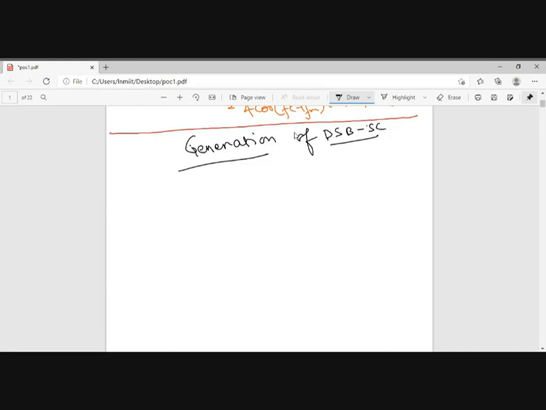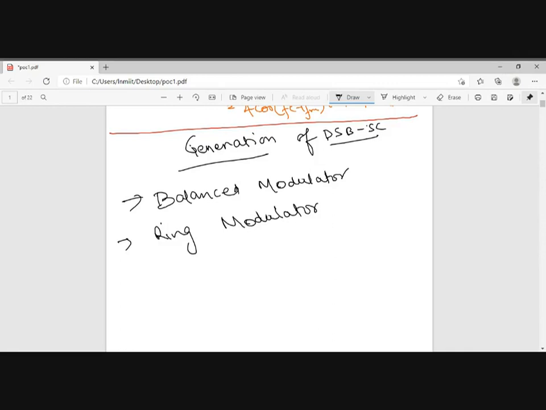There are two modulators in your course: first is a balanced modulator, and then there will be a ring modulator.